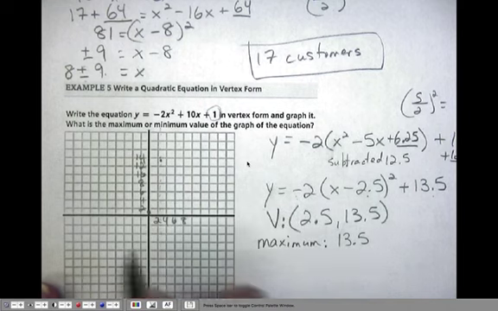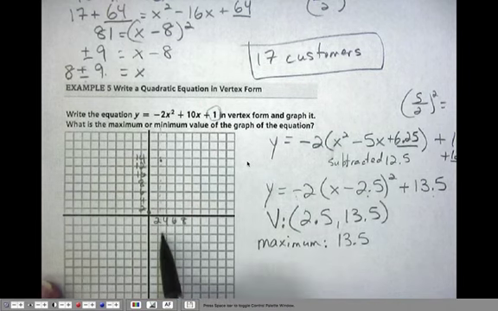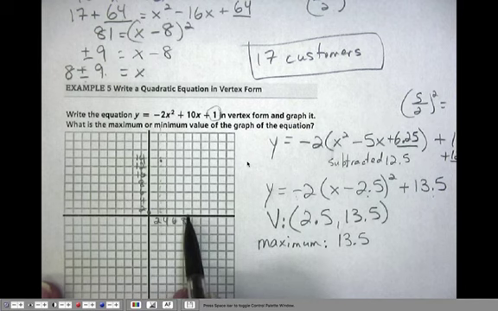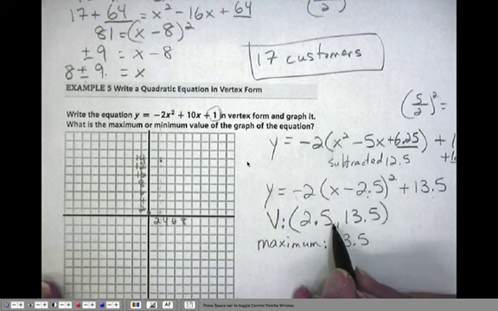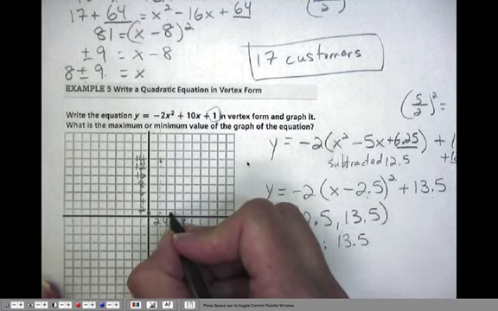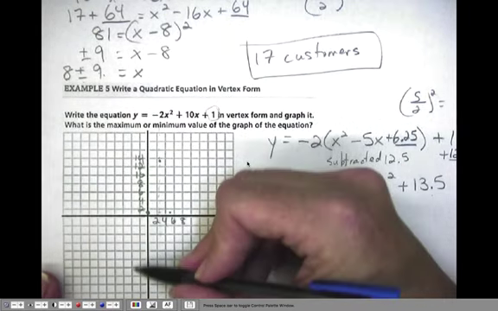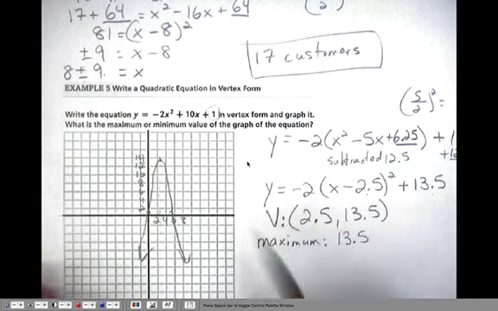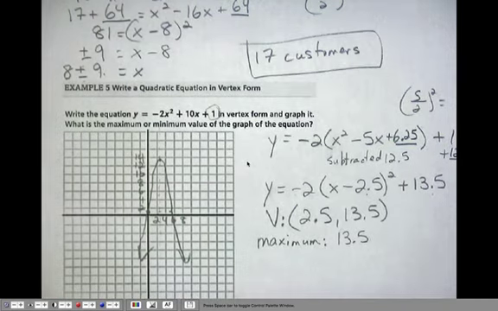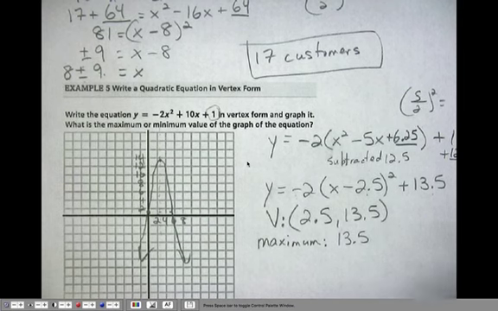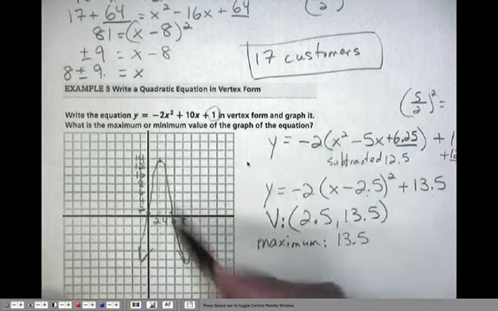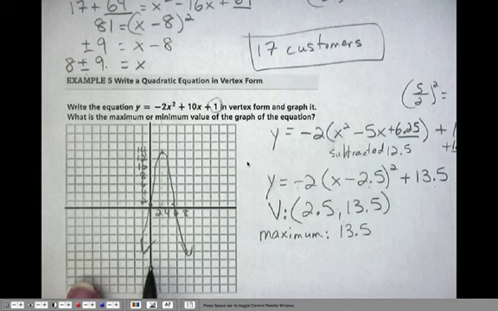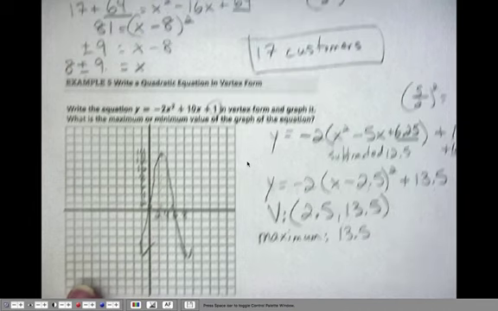Okay, so this is 2.5 to the left, so I'm going to go 2.5 to the right of here, which is going to be 5, comma 1. So here's my very badly drawn parabola. But as you know me, this is what a graphing calculator is for. This is what your brain is for.